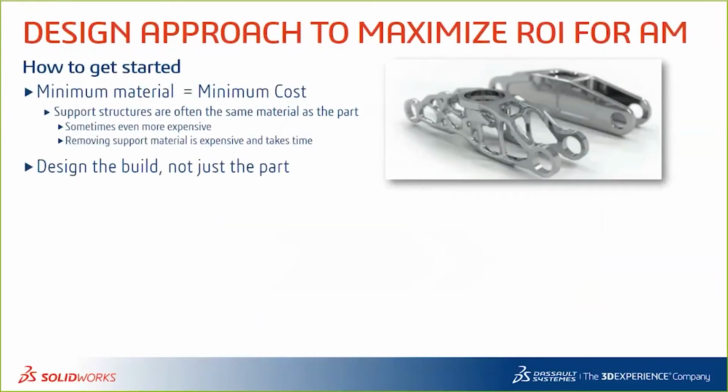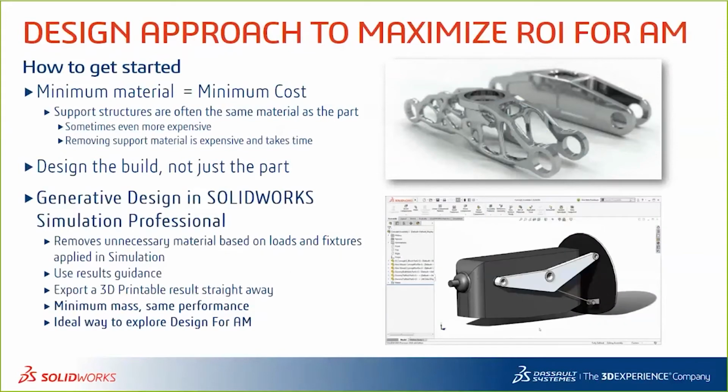This is a design approach to maximize return on investment for additive manufacturing. A lot of times we talk about minimum material. Minimum material is a big aspect of 3D printing. If you think about CNC, the more material we remove, the higher the cost.